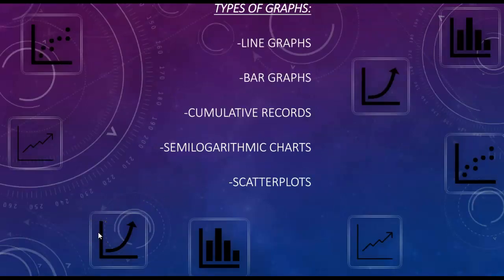So the chapter speaks about 5 types of graphs: line graphs, bar graphs, cumulative records, semi-logarithmic charts, and scatter plots. Let's start with the line graph for this part. A line graph usually looks like this, and it starts usually at 0, and it has a y-axis and an x-axis.